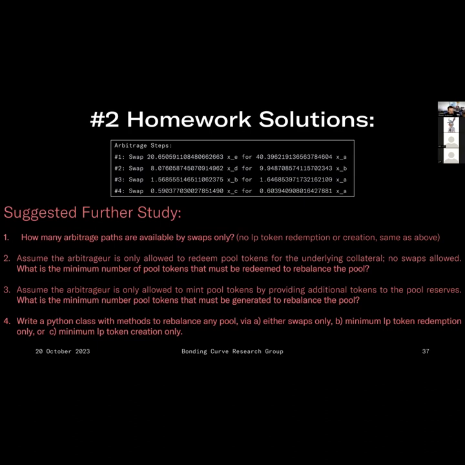Because you could imagine that, especially if you are the administrator of a system, or maybe a vault manager for a DAO's treasury or something, you might want to calculate what the most efficient path is for rebalancing a pool, including things like gas costs, or the likelihood of being front run or whatever. And so being able to have access to swaps, liquidity provision, and removal functionality when you're rebalancing is something that is certainly worth the effort of studying.